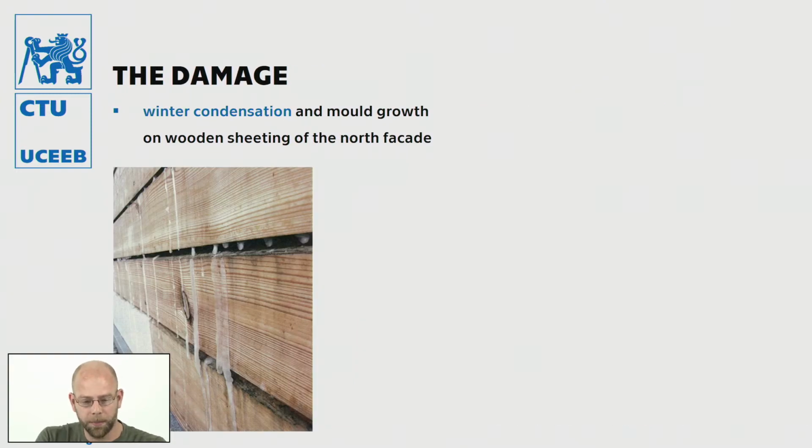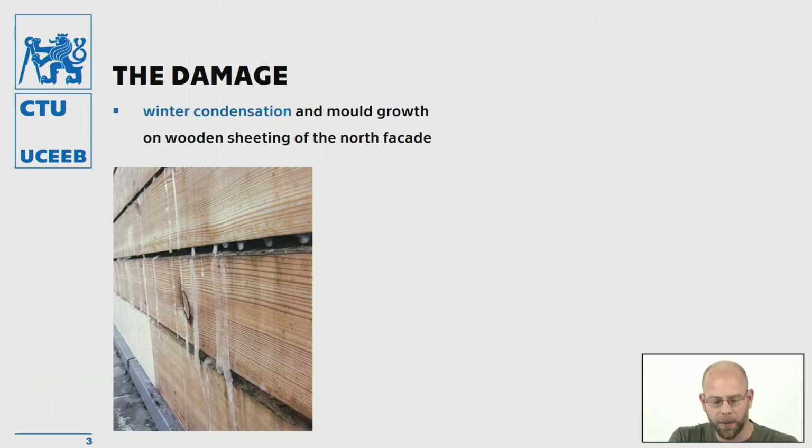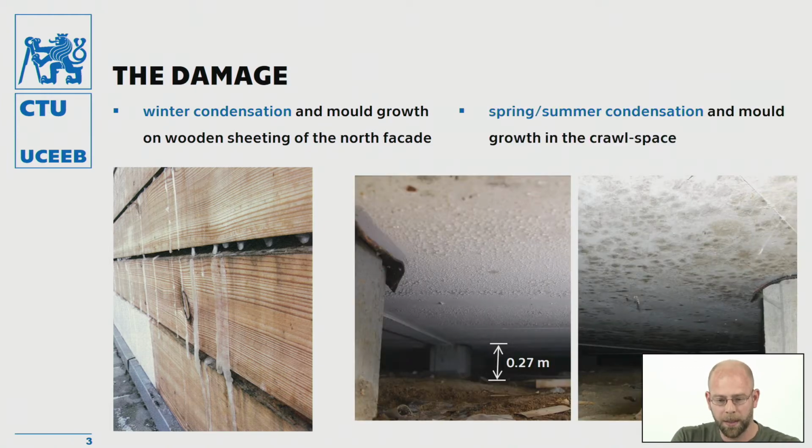What was the damage? Perhaps the most obvious and noticeable was winter condensation and consequent mold growth on wooden sheeting of the north facade. But no less dangerous was spring and summer condensation, and again mold growth in the crawl space itself.